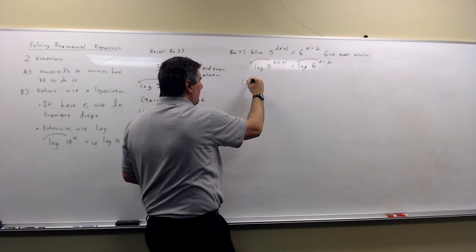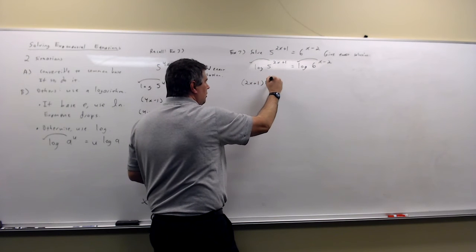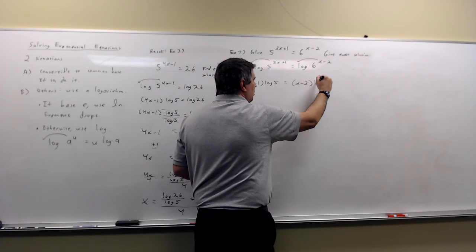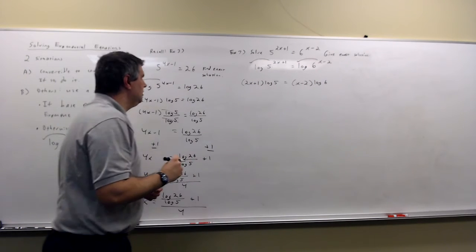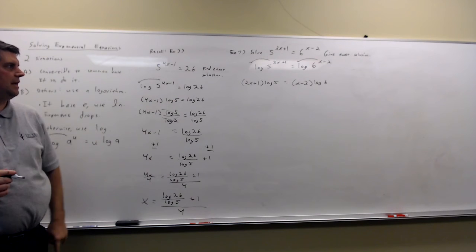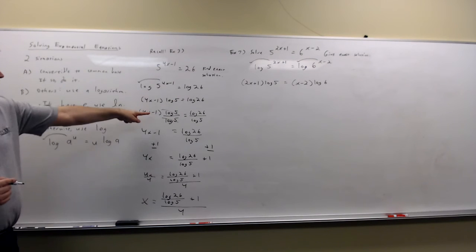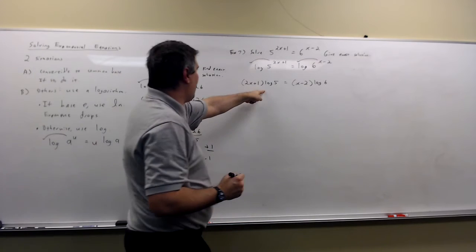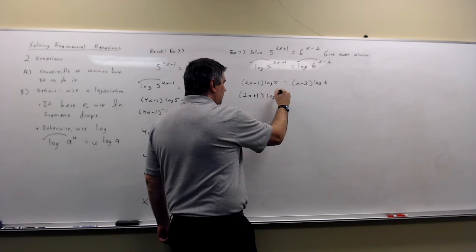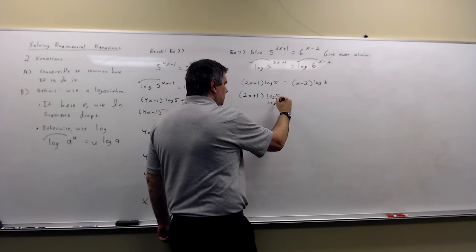So I have 2x plus 1 times log 5 equals x minus 2 times log 6. Okay, similar to what happened here, except on both sides. Now, like I did here, I'm going to go ahead and divide the log 5 off the left side.